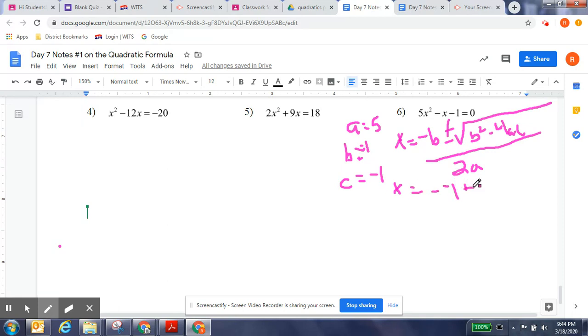So x equals -1 plus or minus the square root of -1 squared minus 4 times 5 times -1 all over 2 times 5.